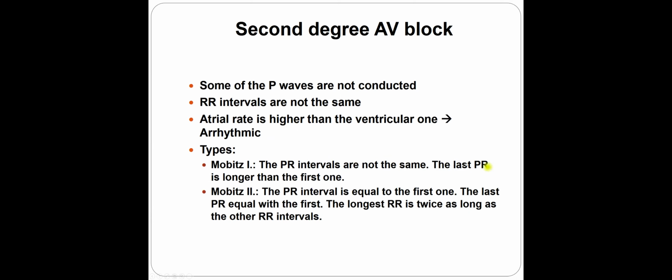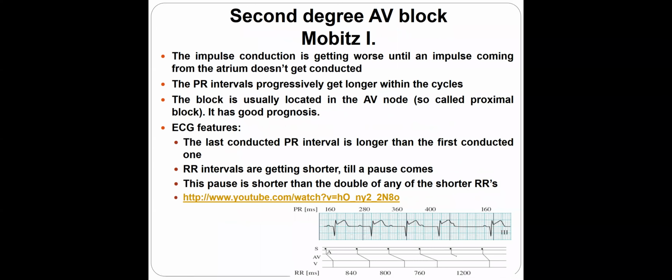So by definition, the last PR should be longer than the first conducted PR. In Mobitz type 2, the PR intervals are equal, but sometimes we do not have a QRS following the P wave. And if you look at the gap when the P is dropped, it is exactly twice as much as the last RR interval. Now I'll show you.